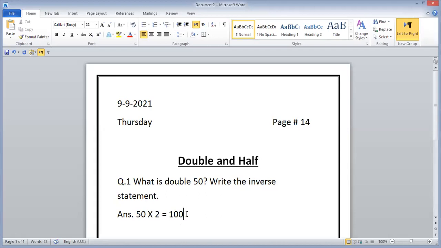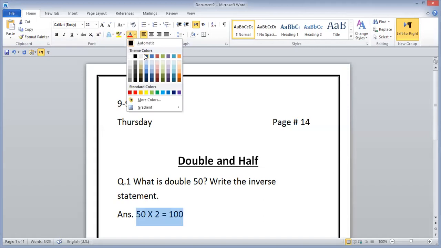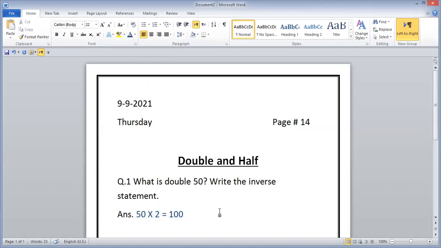Now, what is the next thing you have to do, guys? The next thing is to write the inverse statement. The question is, what is double? So start writing what is, but what is the inverse of double? The inverse of double is half. So what is half? You will not write 50. Instead of 50, you will write the answer. What is half? 100.